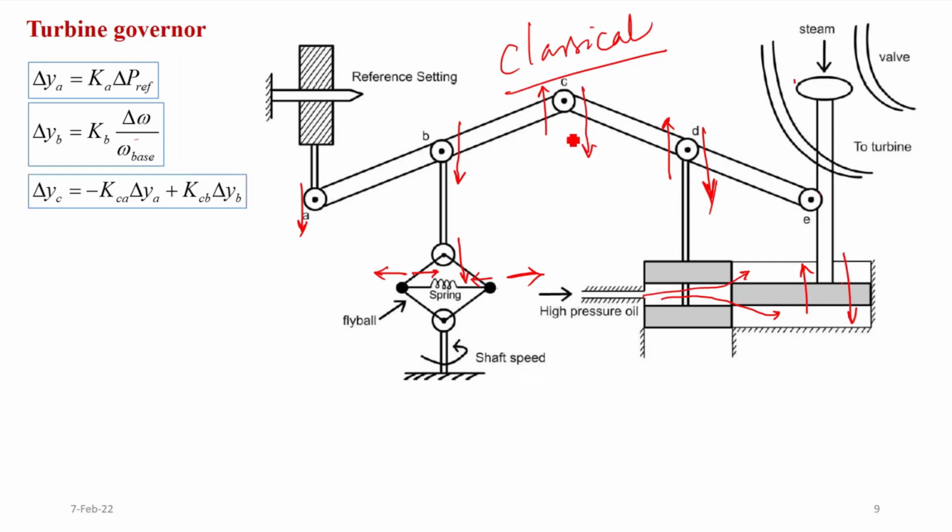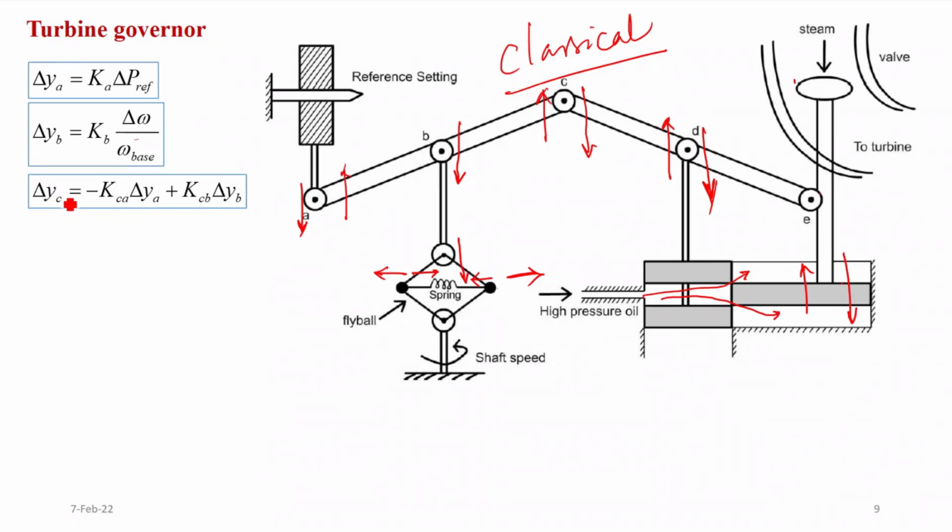Now coming to point C. If I see point C, the incremental change in point C has a different impact from point A and point B. Okay, so as point A moves down here, what happens? Point C actually moves up, right? When point A moves up, point C moves down. So they are opposing each other.